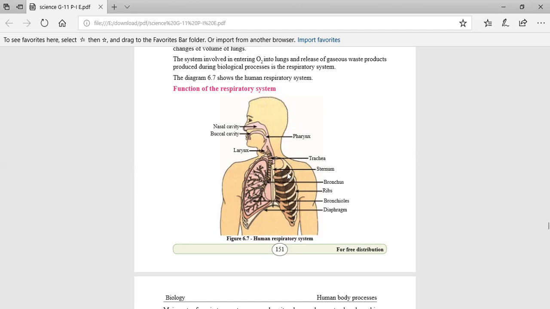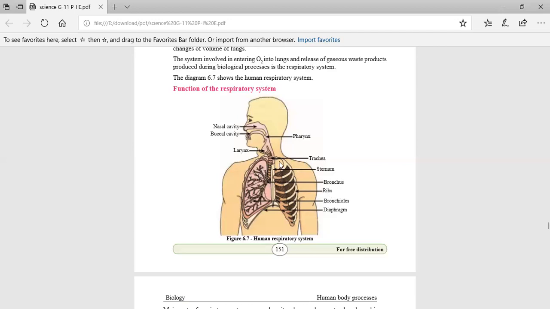In front of the lungs is the sternum here, a small object. It is not connected to the lungs, it is connected to the rib cage.